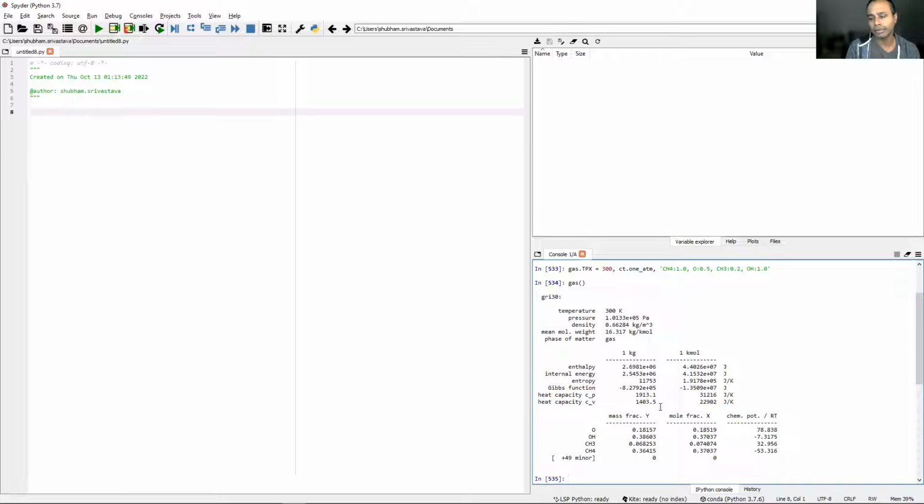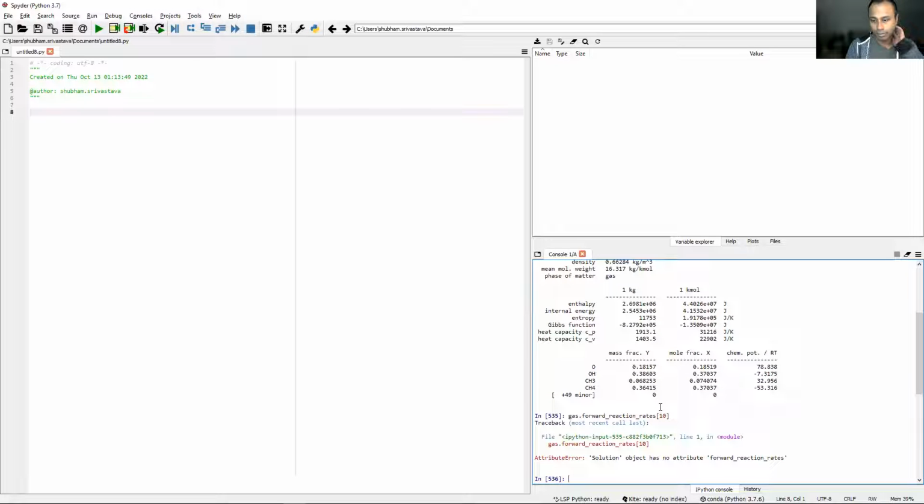Let's go to the function, and then we'll understand what has been done here. The first function that I want you to know is called gas.forward_reaction_rates. Okay, and this needs the index of the reaction, so reaction number 10. Oh, sorry.